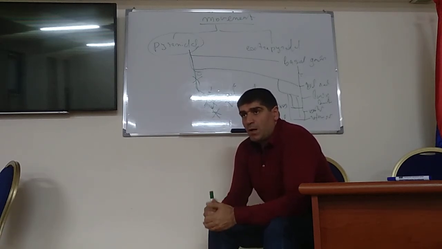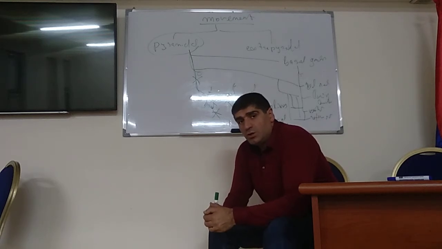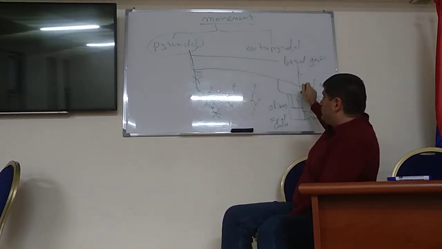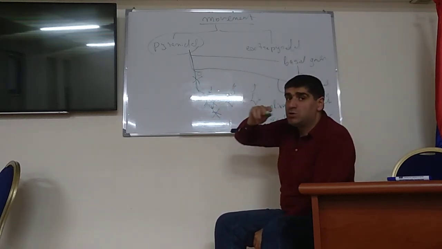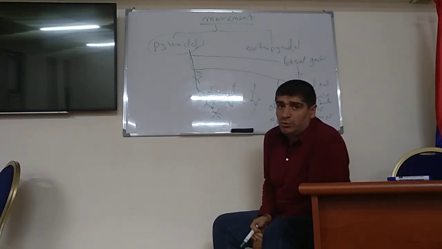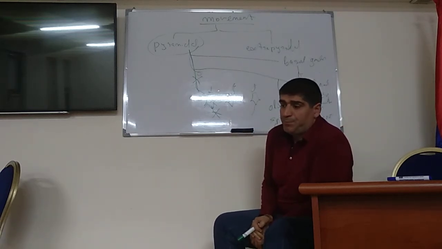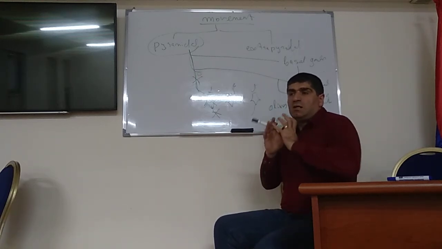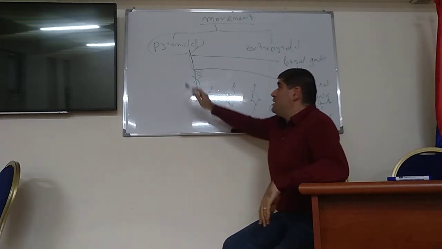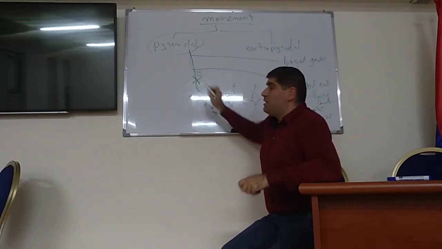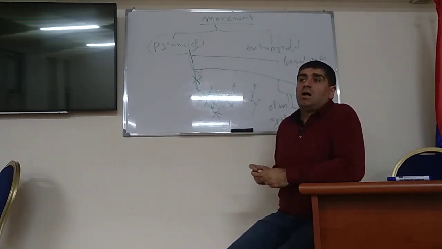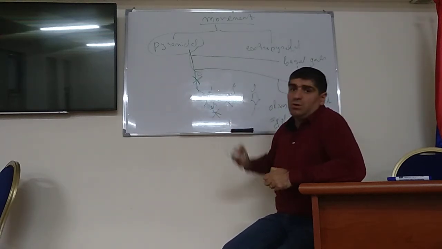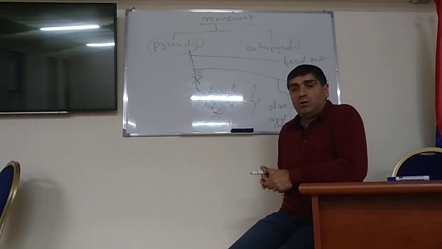Why? Because in a normal condition, the pyramidal system controls all of these nuclei, which are also involved in muscle tone function and maintaining a normal muscle tone. When it is damaged, the control of the activity of these subnuclear neurons is lost.